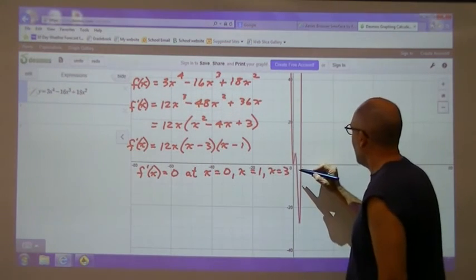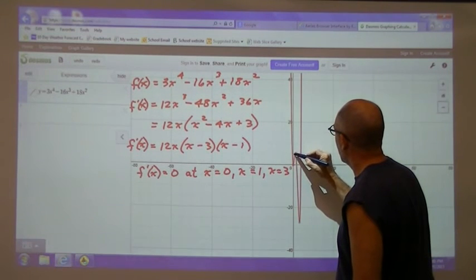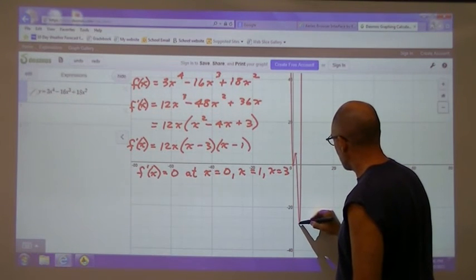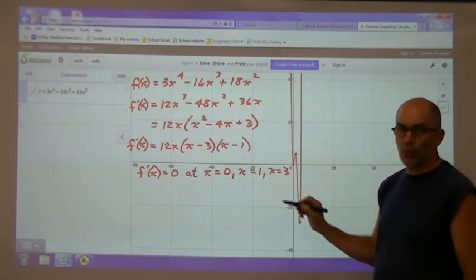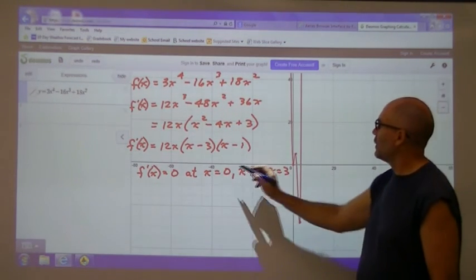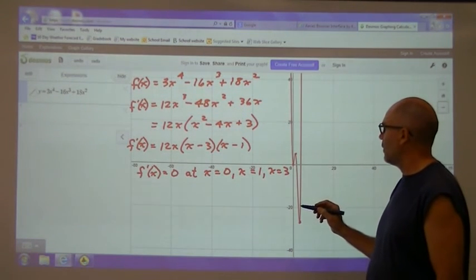So x equals 0, x equals 1, and x equals 3 are the critical points. Those are the locations where f prime of x equals 0.